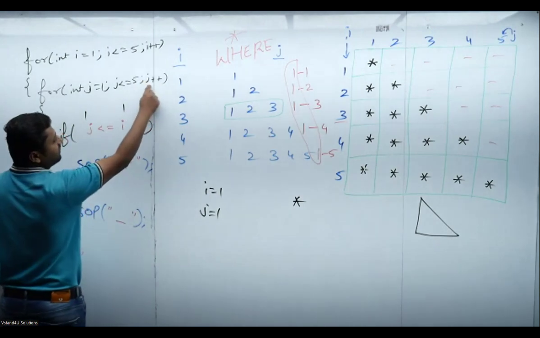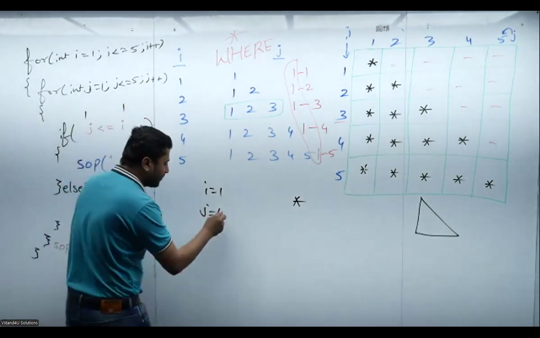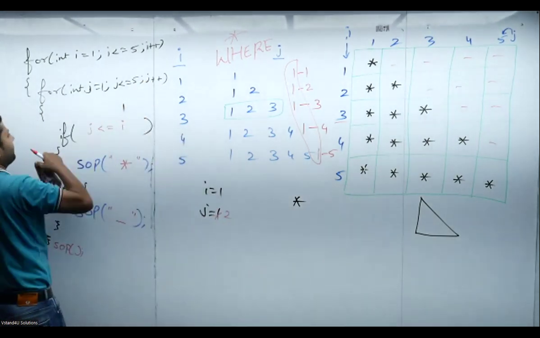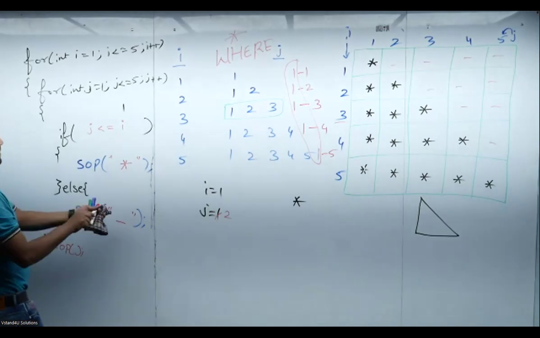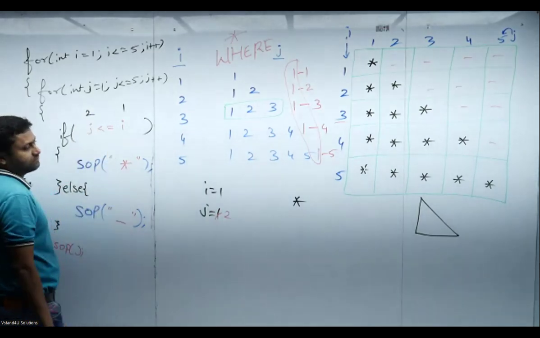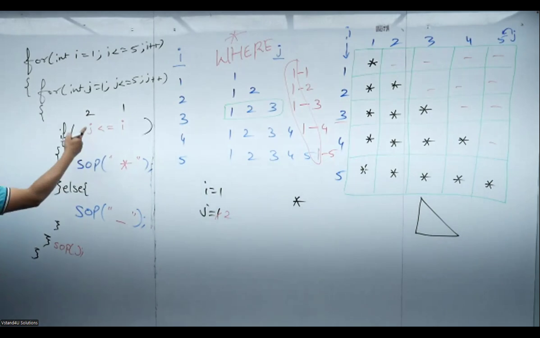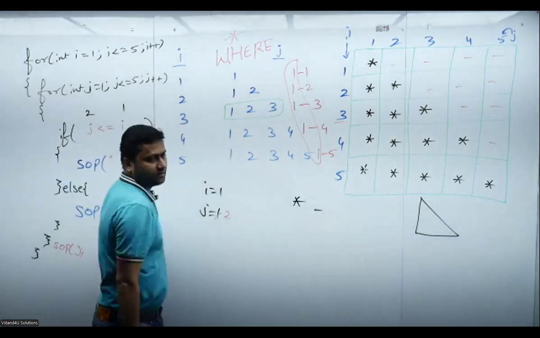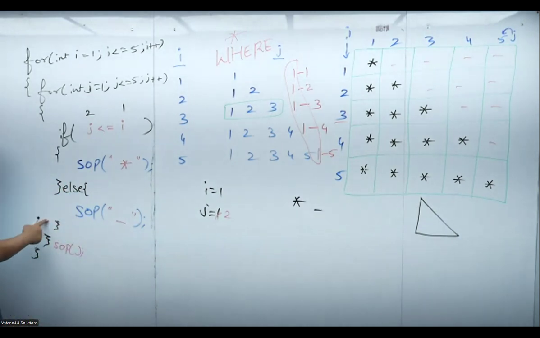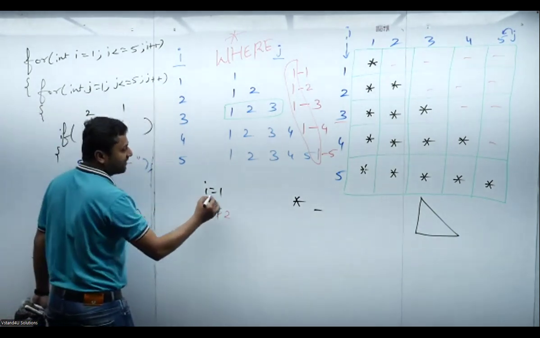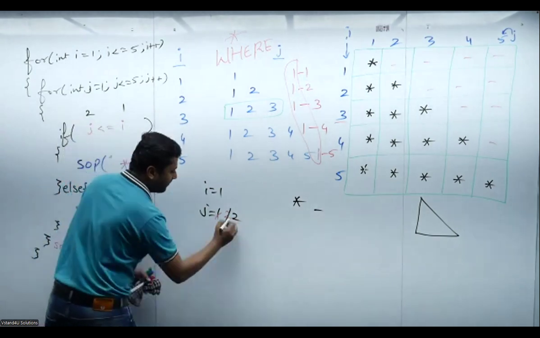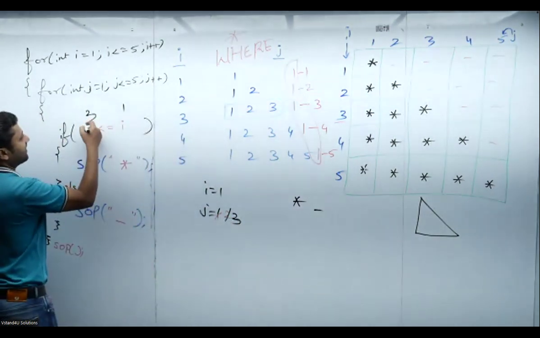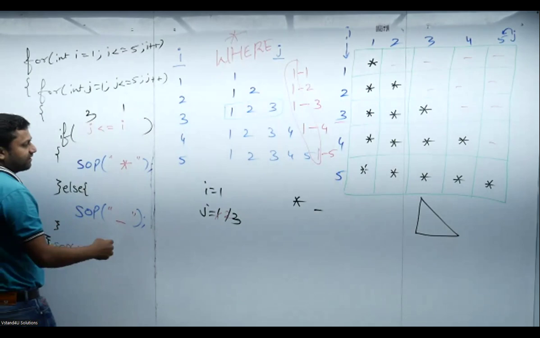Then J has been incremented to 2. Is 2 less or equal to 1? No, so print space. Once again, J has been incremented to 3. 3 is less or equal to 1, condition false, so print space.